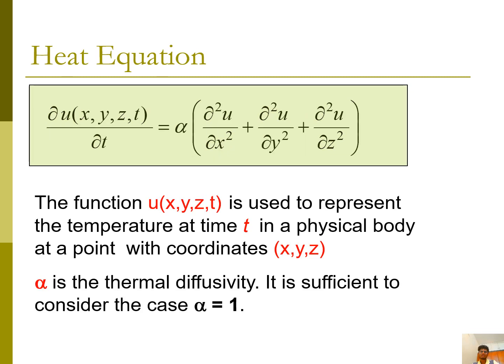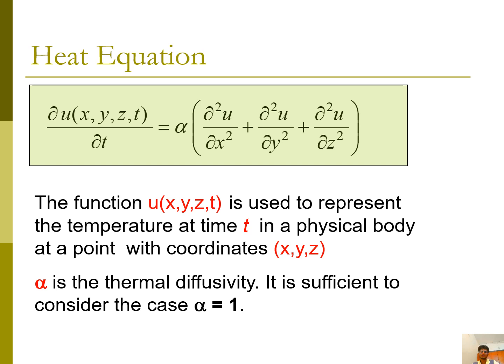Heat equation: ∂u(x,y,z,t)/∂t is equal to alpha times (∂²u/∂x² + ∂²u/∂y² + ∂²u/∂z²). The function u(x,y,z,t) is used to represent the temperature at time t in a physical body at a point with coordinates x, y, z.